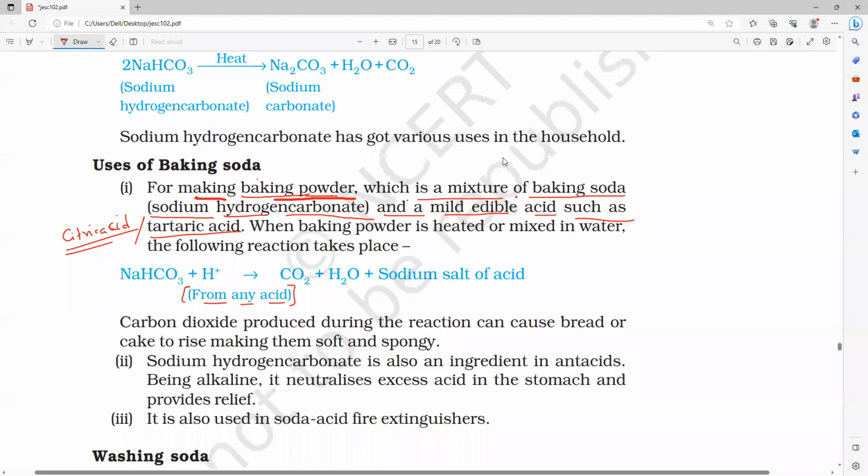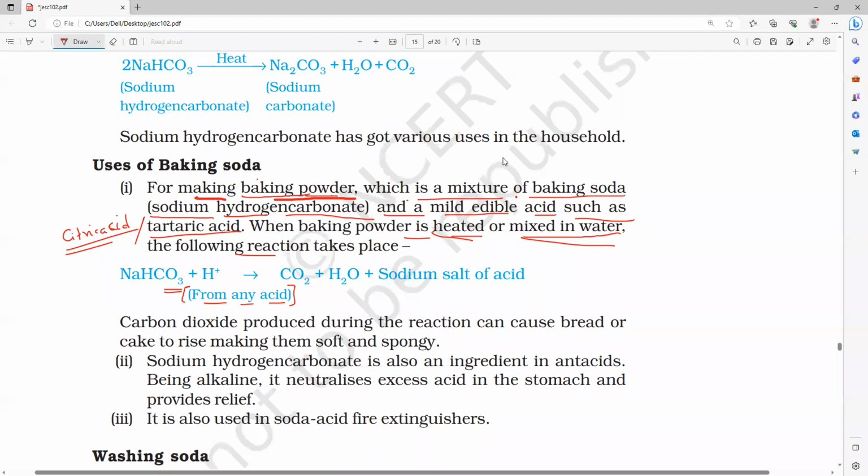So whenever you add it to the food being prepared, the reaction will take place. How does the reaction take place, you see here. When baking powder is heated or mixed in water, be very careful, either heating or mixing in water, this reaction will take place.